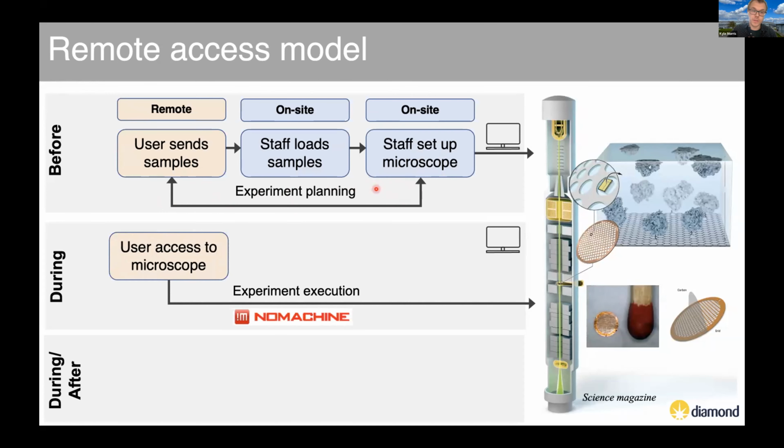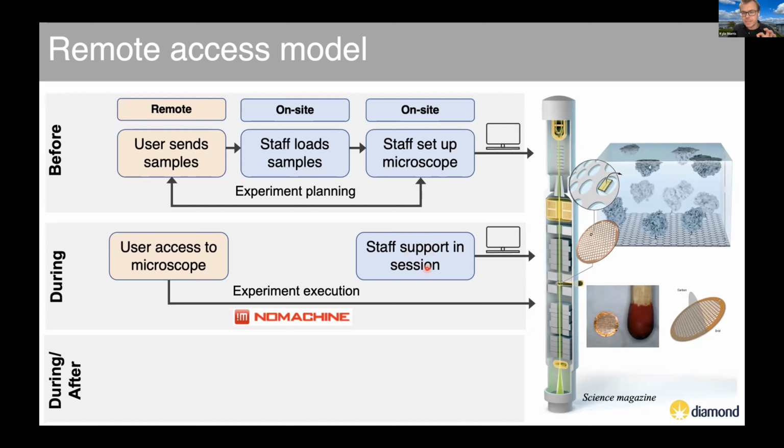However, then the user comes remotely and they are in charge and in control of their data collection. So we move from a planning phase through to execution. And this is really important, we think, because users become invested in their data. However, the same staff member will still be there to support the session.